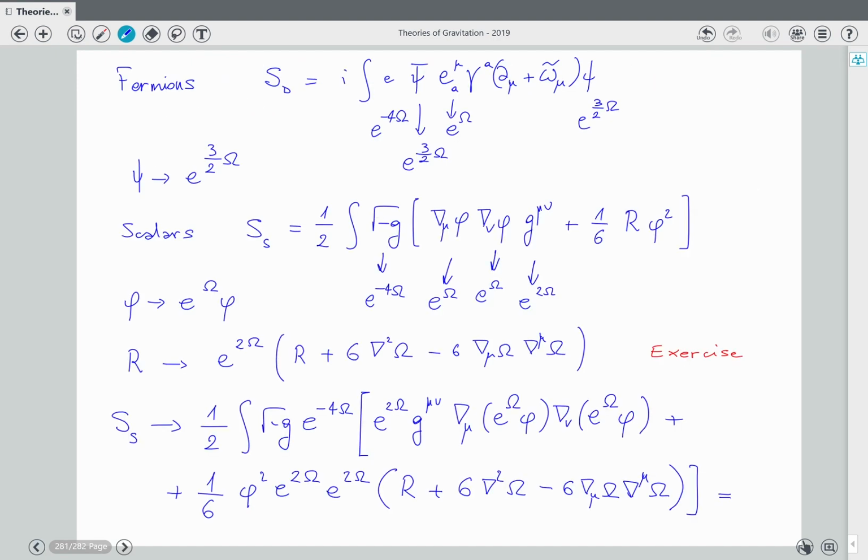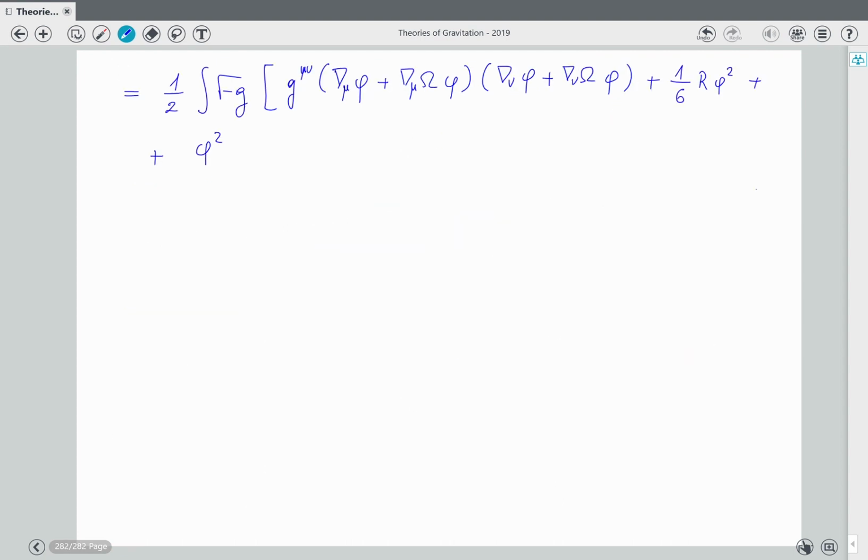Plus 1/6 times 6, so that's phi squared del squared omega minus phi squared del mu omega del mu omega. Okay, so now the first product here plus 1/6 R phi squared gives back what we want.